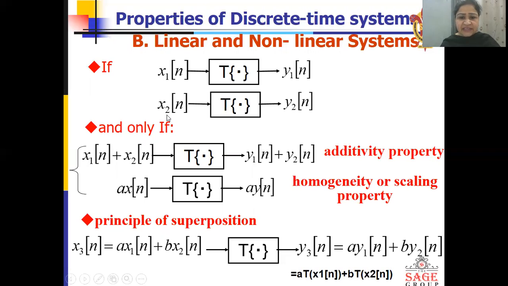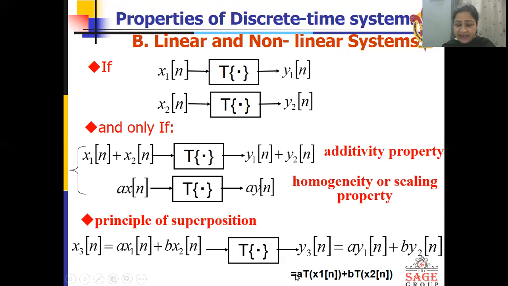Now, if any discrete time system follows this principle of superposition, that means the system is a linear system. That means if x1[n] and x2[n] are multiplied by scaling factors a and b respectively, added, and given to the system, in that case the output will also be y1[n] and y2[n] multiplied by a and b and added together.